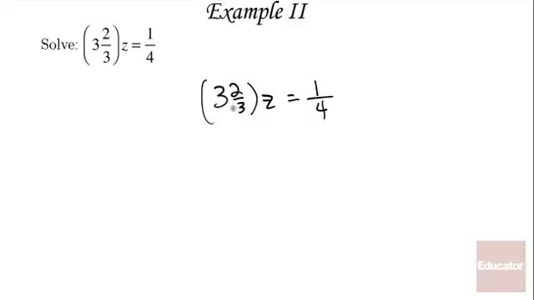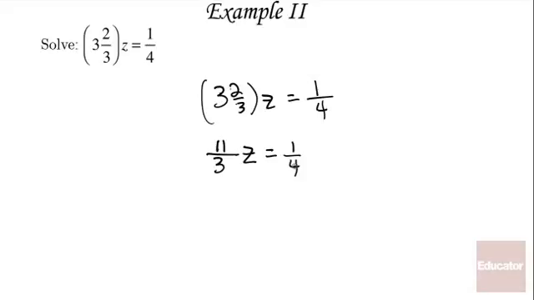In order to change it to an improper fraction, I'm going to multiply 3 times 3, which gives me 9, and then add 2. So 3 times 3 plus 2, which will end up being 11 with the denominator of 3. So I have 11/3 z equals 1/4.